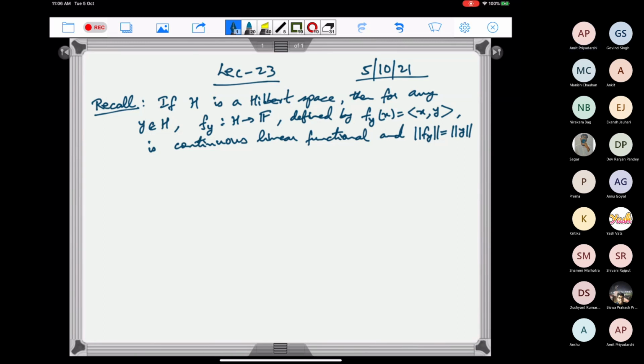And this map, the map y going to f sub y from H to H star is conjugate linear.